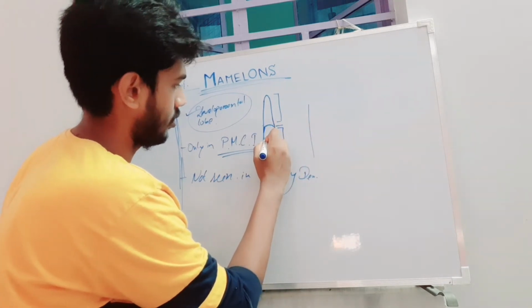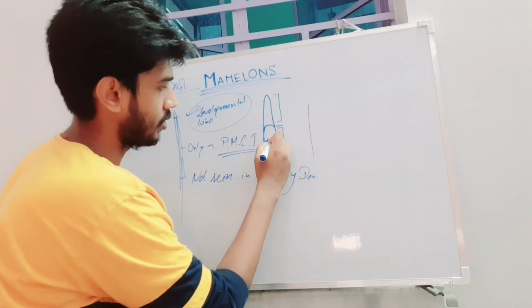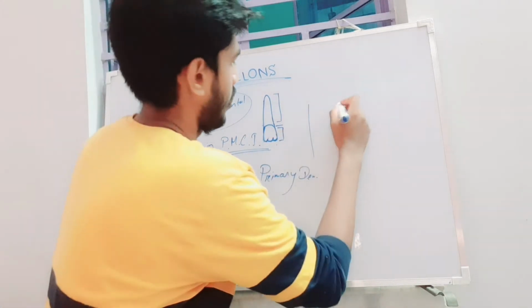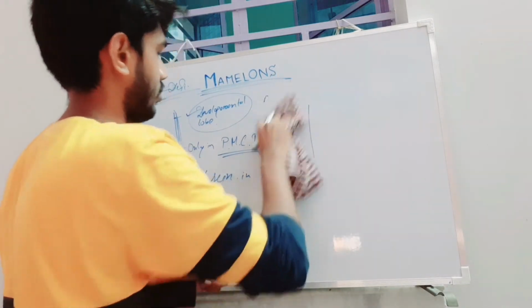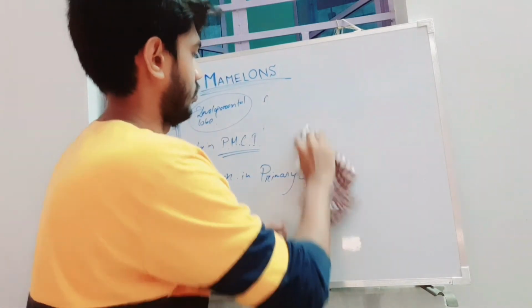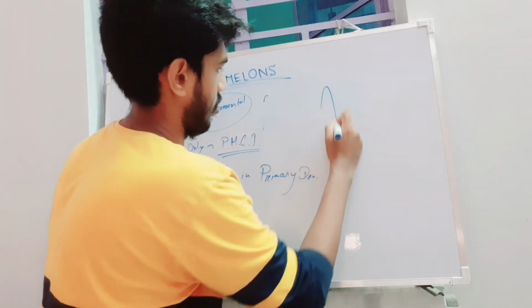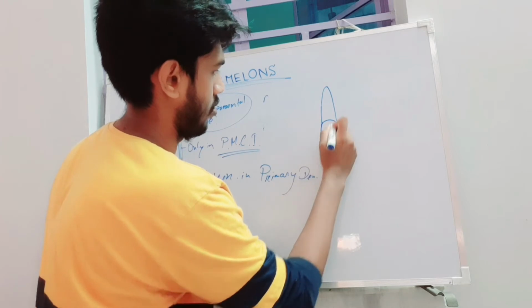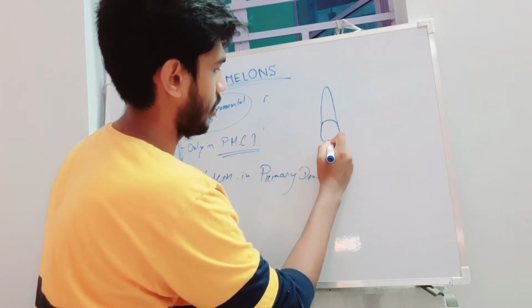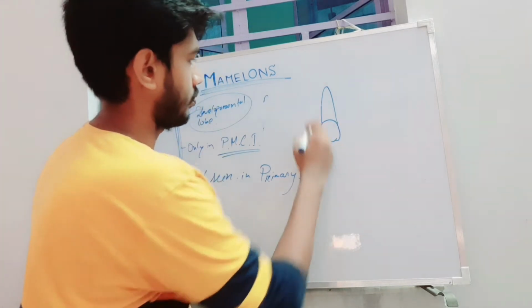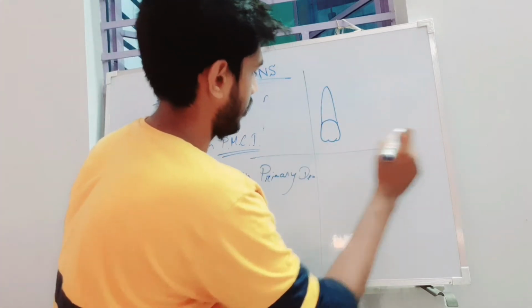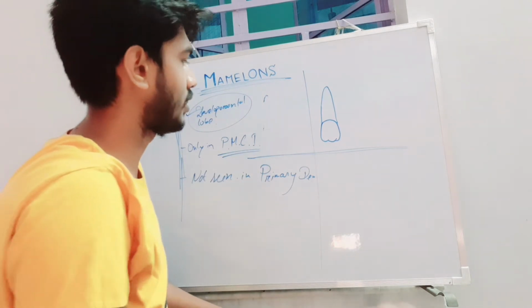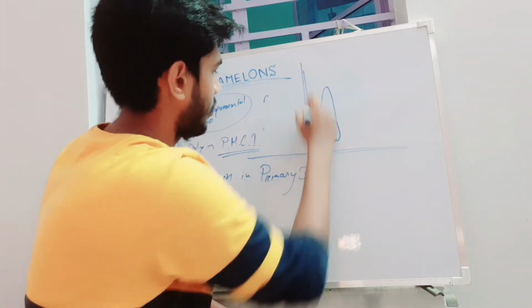If we see these three rounded protuberances in the incisal surface, these are called mamelons. I am drawing another tooth, just roughly, so we can divide each type of mamelon. On the permanent maxillary left central incisor, this is the midline.